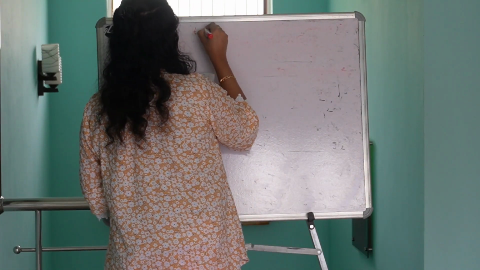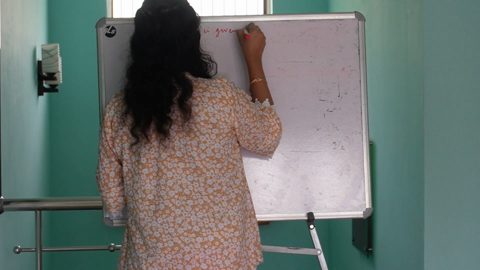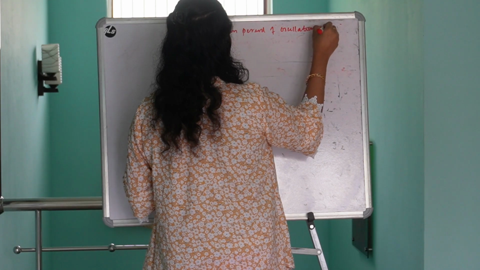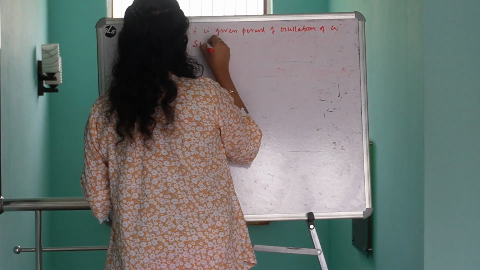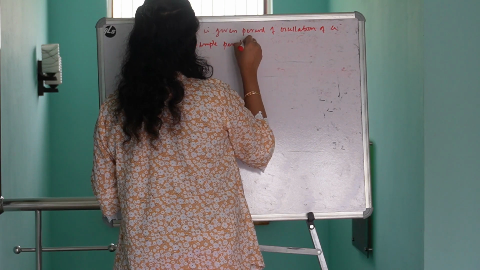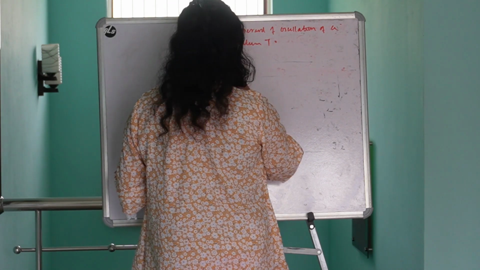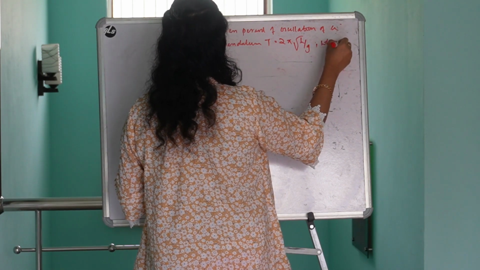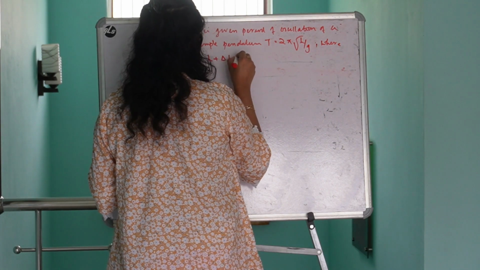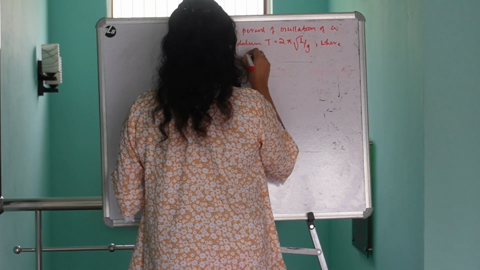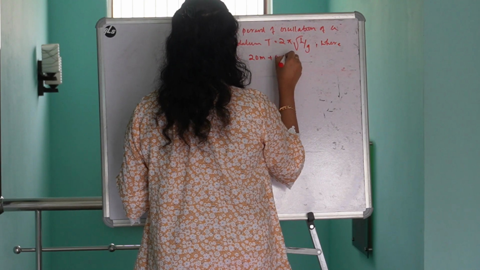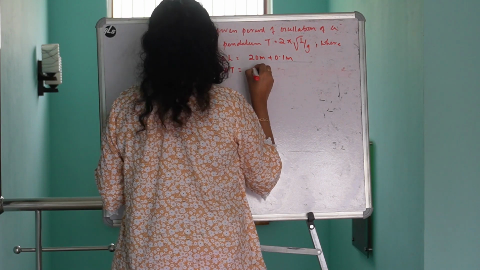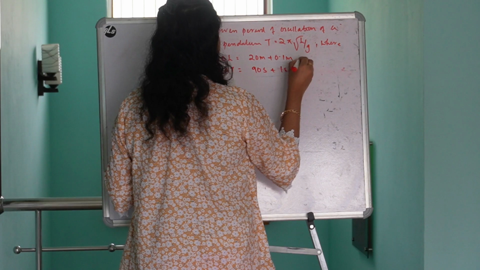Next question. It is given the period of oscillation of a simple pendulum T is equal to 2 pi root L by G, where L plus or minus del L is equal to 20 meter plus or minus 0.1 meter, and T plus or minus del T is equal to 90 seconds plus or minus 1 second.